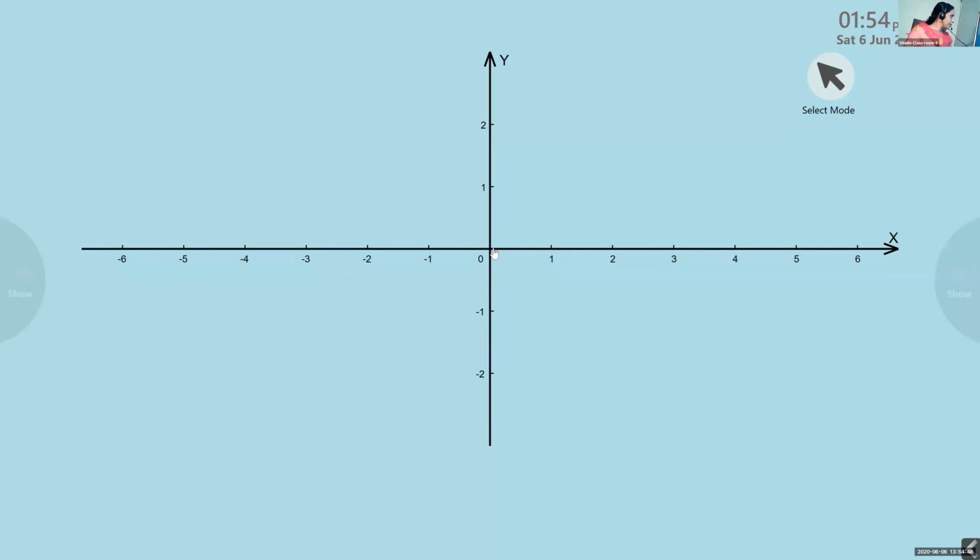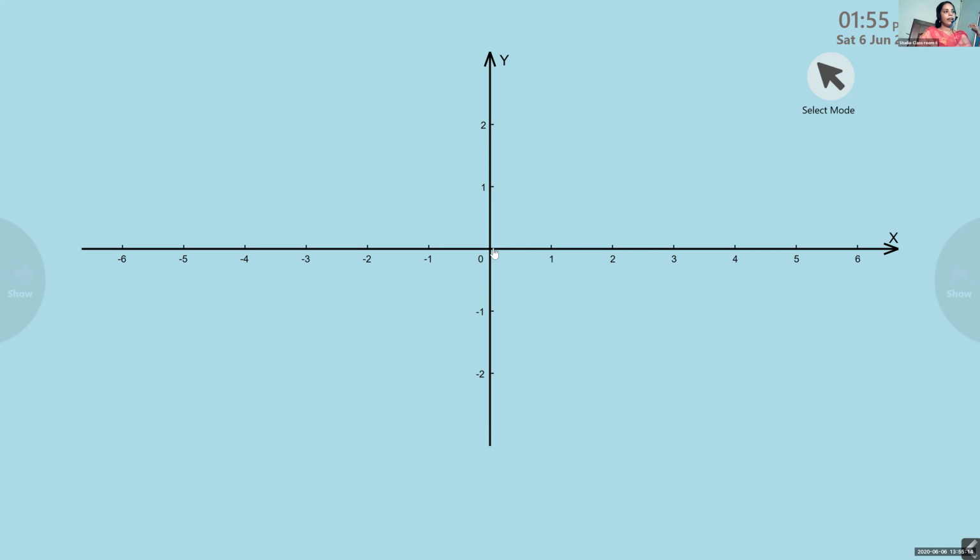Vishnupriya, you want to ask me something? No, ma'am. Okay. So when you draw the coordinate axis, you have to draw it bigger, so that the gap between the numbers should be bigger.